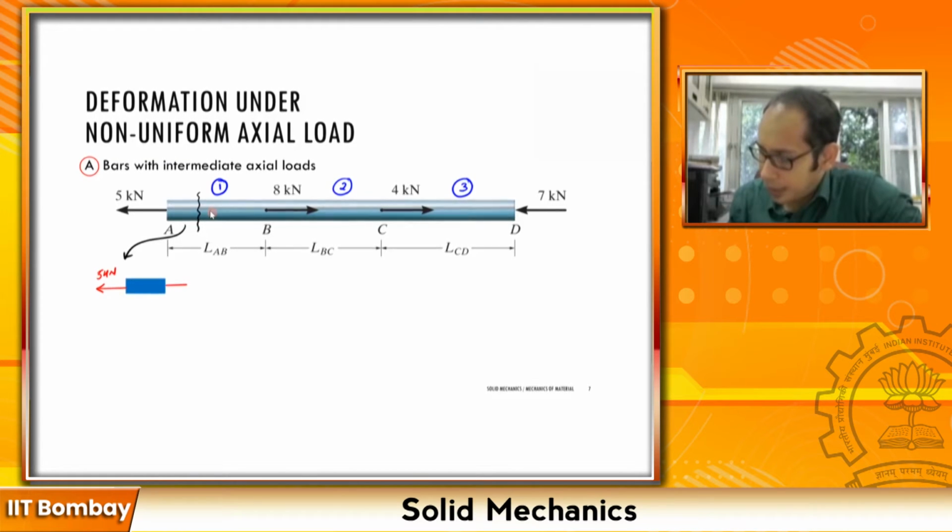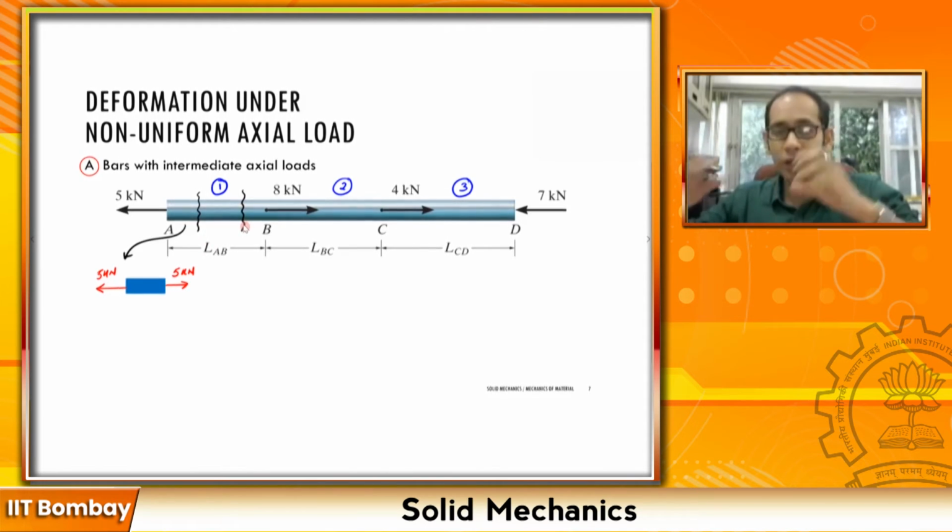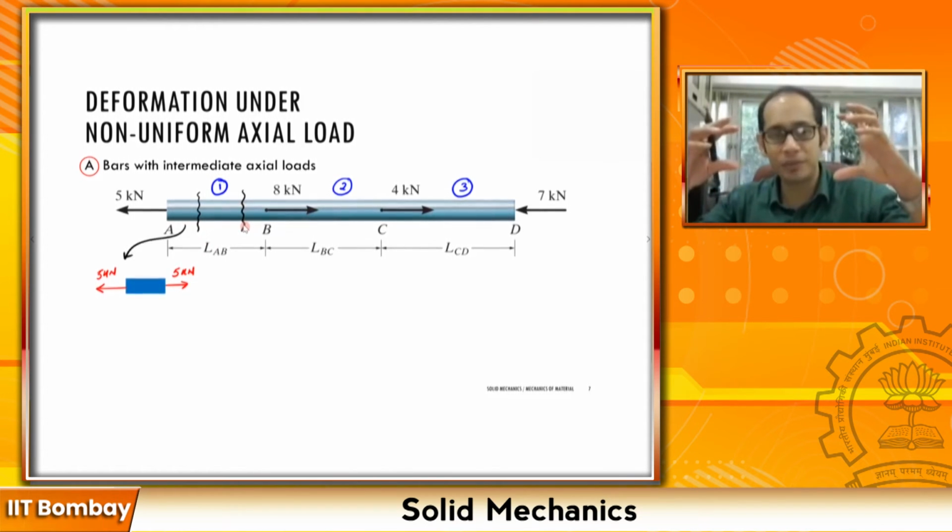So to balance that, I must have a 5 kilonewton here. Right, now it doesn't matter anywhere within AB if I was taking the section over here, or if I am taking the section maybe at here, right? And if I draw the free body diagram, I'm going to have essentially the same 5 over here, right?